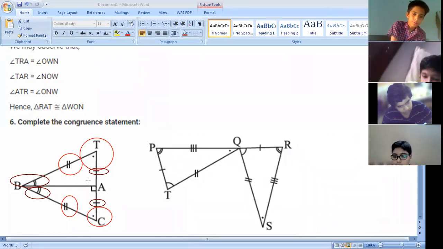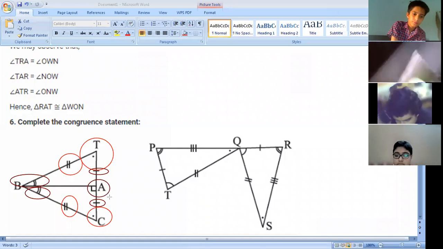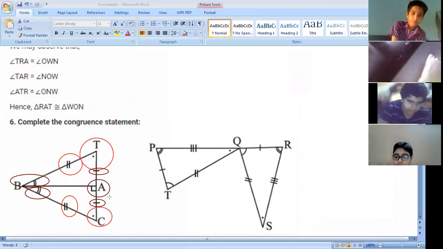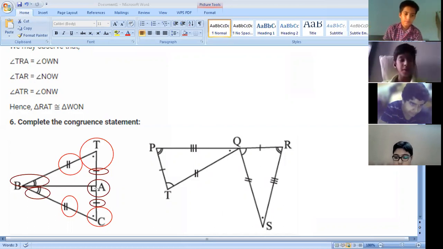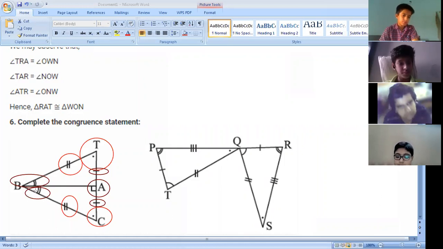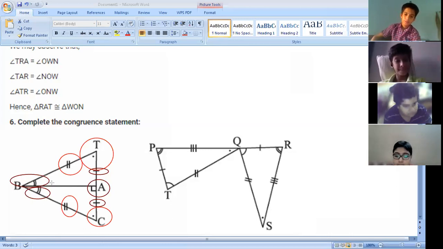And you can see this 90-degree symbol here. Angle A is 90 degrees, and BA side is common, so angle A will be equal to angle A. Angle B will be equal to angle B. Angle T is equal to angle C. So all the three angles are equal, and the sides are also equal. So triangle TBA is congruent to triangle BAC.